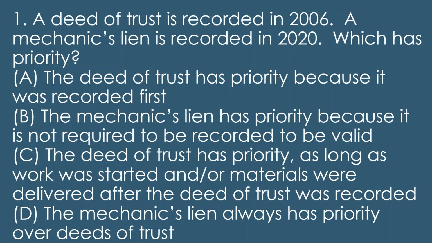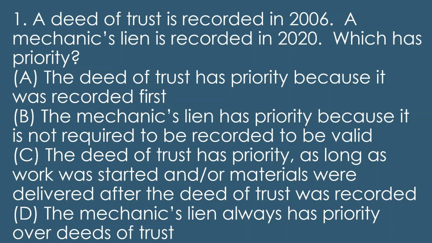Well, normally, you should be thinking of the rule, first to record is first in right. However, there are 3 exceptions: mechanic's liens, taxes, and subordinated loans. So those 3 exceptions we need to take into account for the rule, first to record is first in right. The deed of trust is recorded in 2006, so normally we would think that the first to record has priority, but mechanic's lien is an exception.